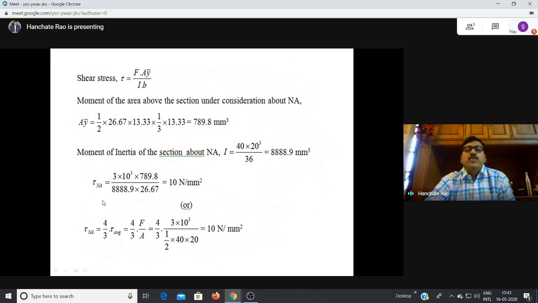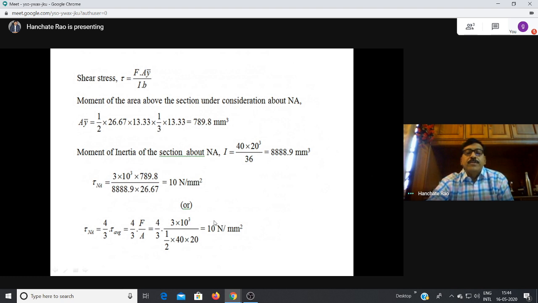On the other hand, we can simply solve this problem if we remember the equation I did yesterday. The shear stress at the neutral axis for a triangular section is 4/3 of the average shear stress. So 4 by 3 F by A, where F is given and the area is half of base into height.